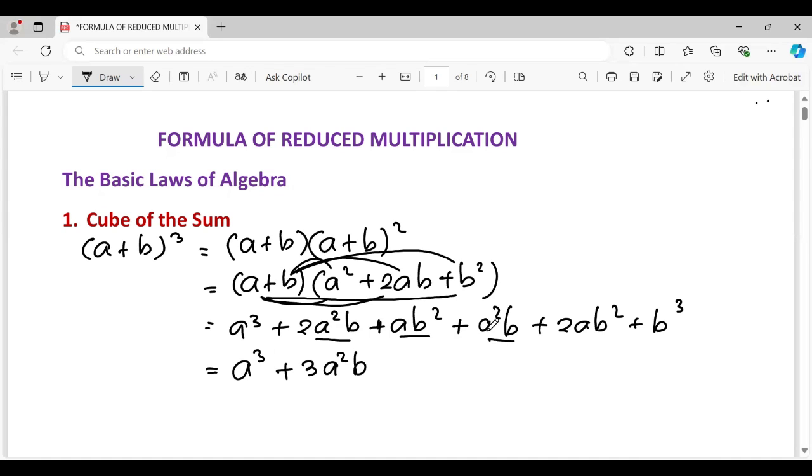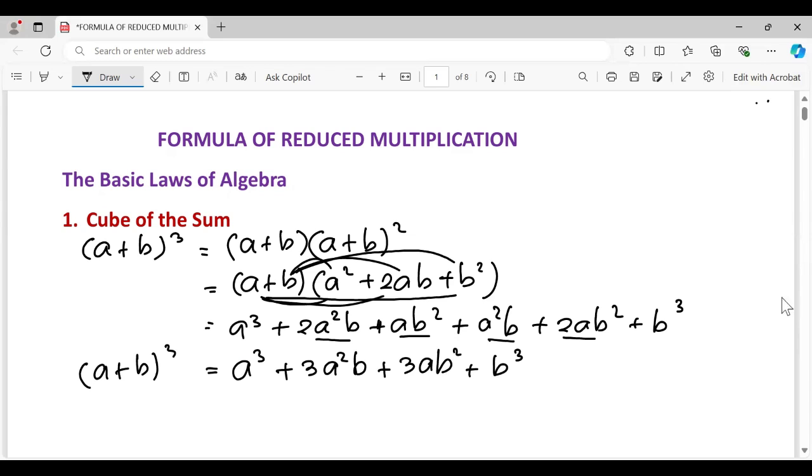Then ab squared plus 2ab squared becomes 3ab squared. And the last term b cubed. So it means a plus b cubed equals a cubed plus 3a squared b plus 3ab squared plus b cubed.